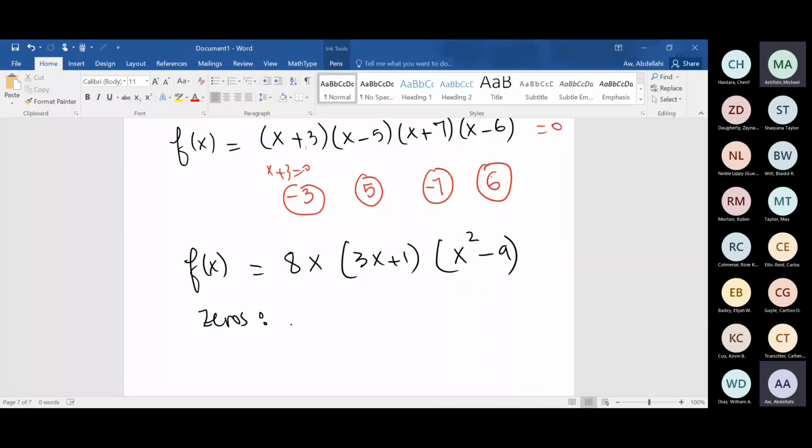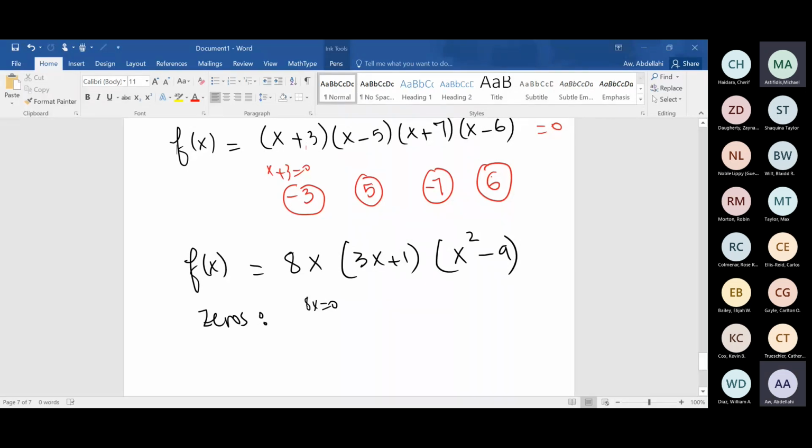But my point of giving you this one here is do not rush. Take your time, set each factor to 0, right? You see here, we get 8x. When you set 8x equals 0, x will be what? x will be 0, right?